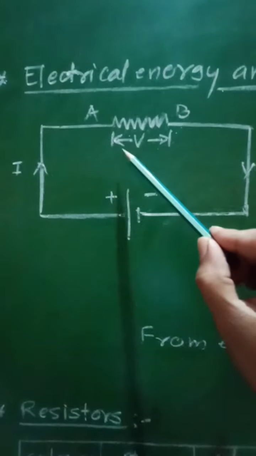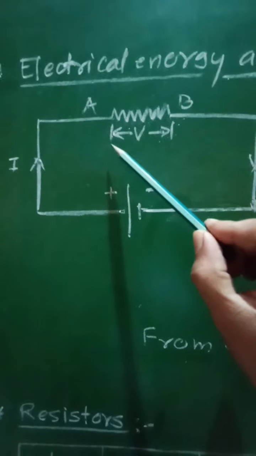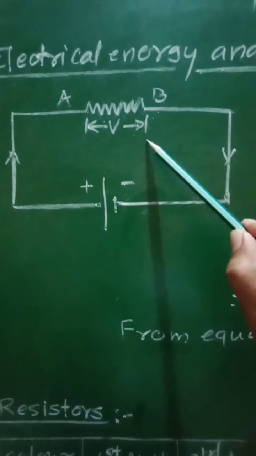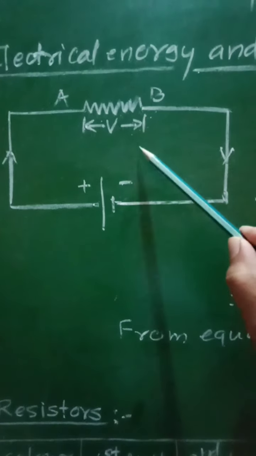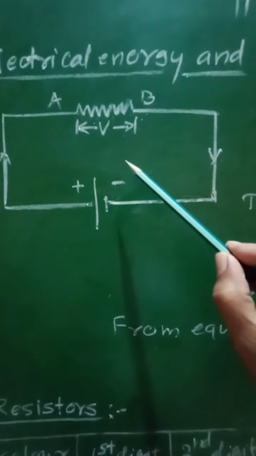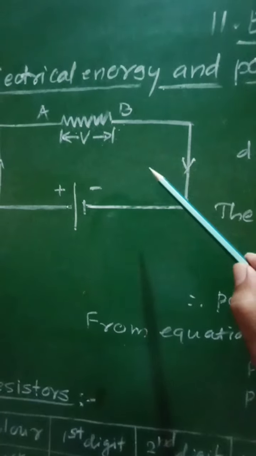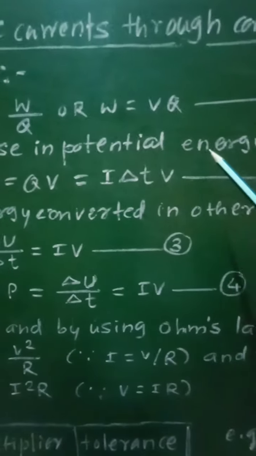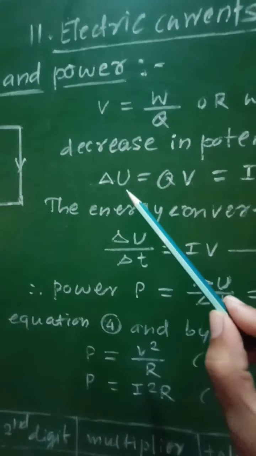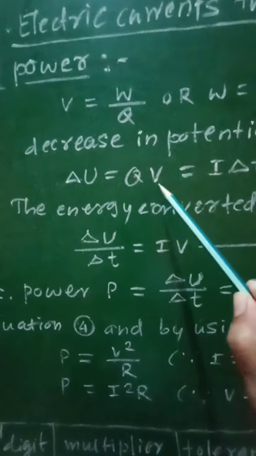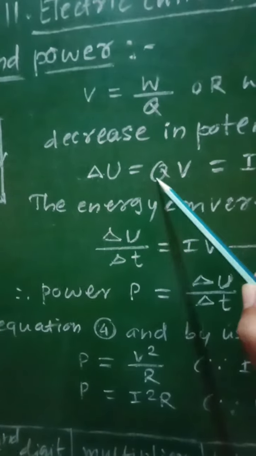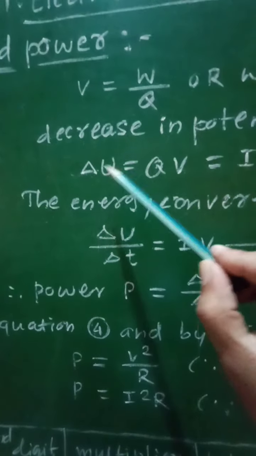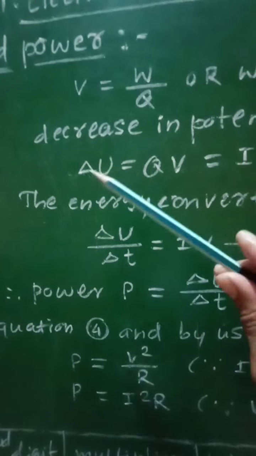So when that charge is moving from higher potential point A to lower potential point B, there will be a decrease in the potential energy of that charge, and hence this decrease in potential energy is delta U equal to Q phi, because energy is equal to charge into potential, since potential is energy per unit charge.